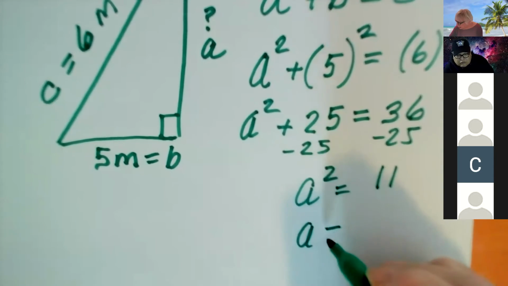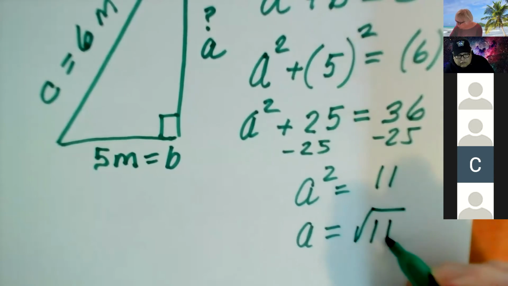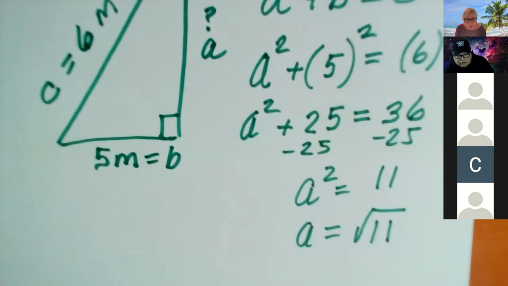So A is the square root of 11. You know perfectly well that's not a perfect square, so you would use a calculator to get the square root of 11 and round it off to the nearest whatever they say.